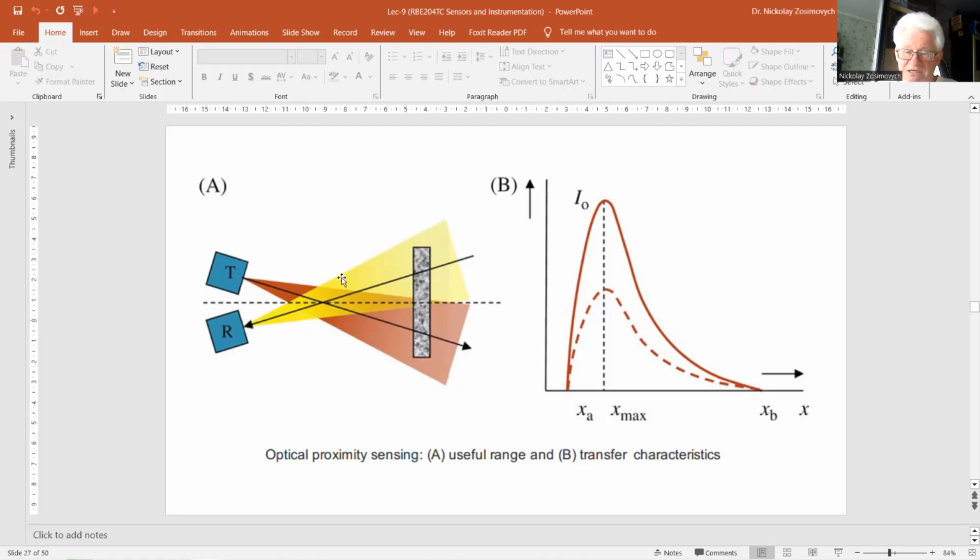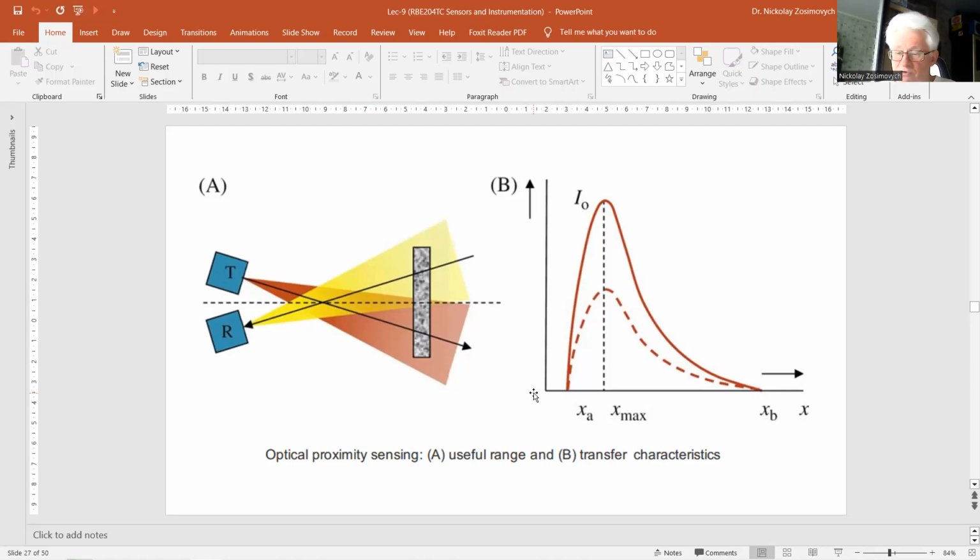As you may see, all parts overlap. The useful range of the sensing system is somewhat smaller. Both the lower and the higher limits of the detection range are set by the configuration geometry and by the directivity characteristics of the device.